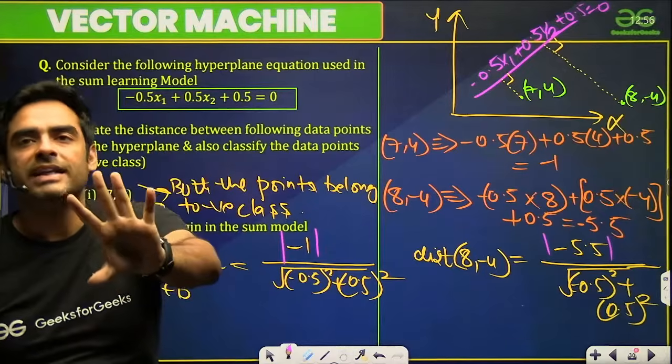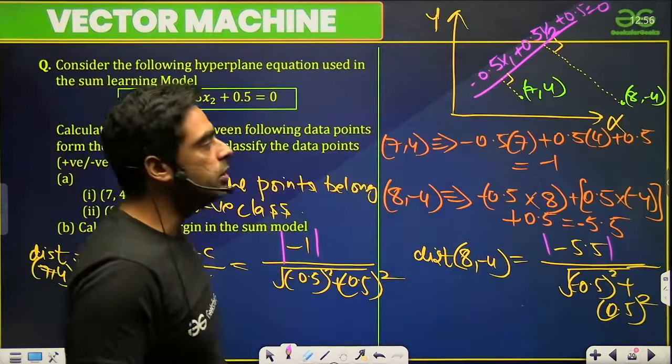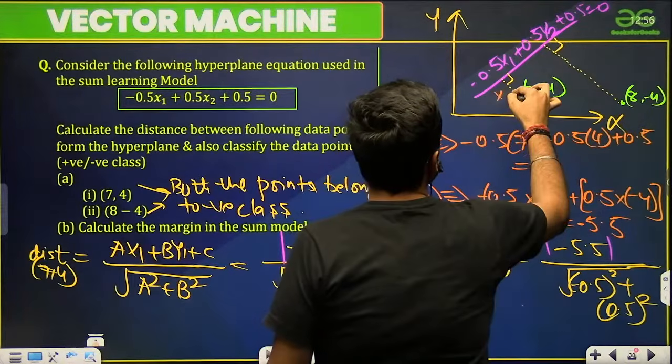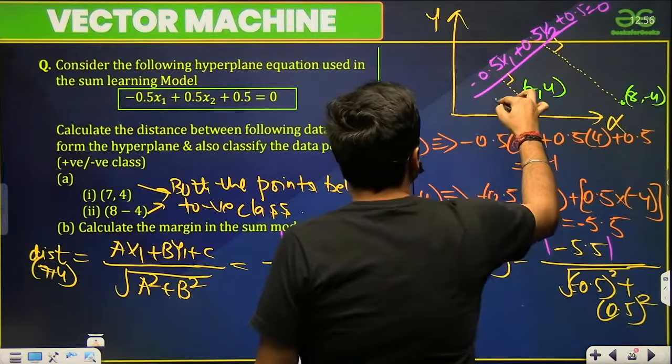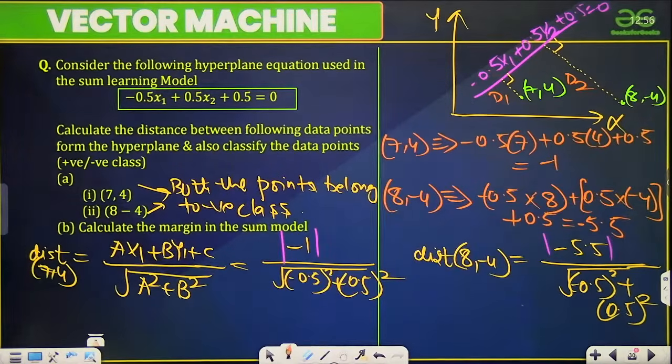I hope you are getting this too. Distance you will always give in the positive form only. So for example this is distance 1, d1, and this is d2. Just calculate the values of d1 and d2, everyone.